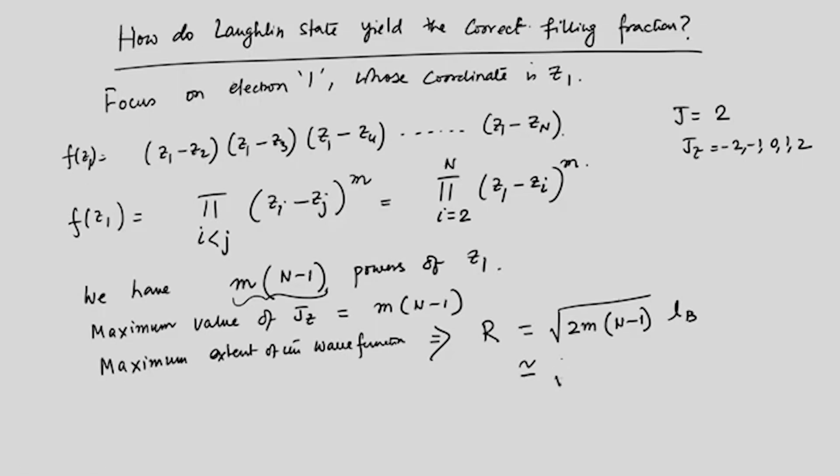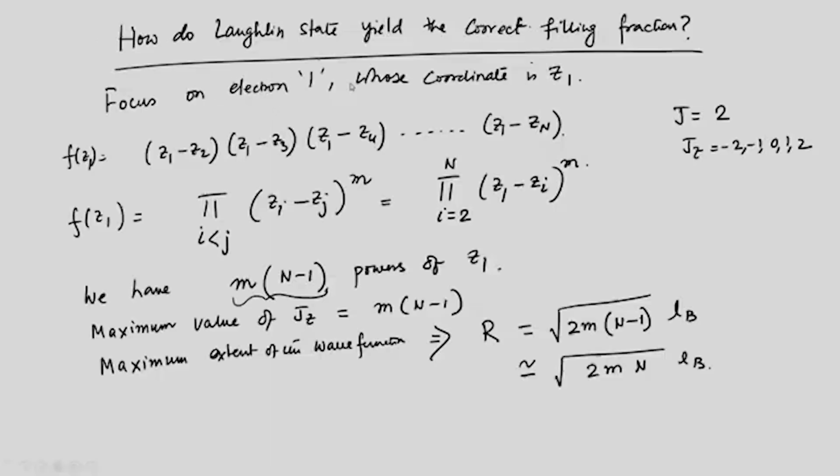Because n is so large, it does not matter whether you write n minus 1 or n, so it is root 2mn LB. We have shown that the radius of the circular wave function in the symmetric gauge goes as root 2m times LB, and here the maximum is root 2mn LB, where n is the total number of electrons present.